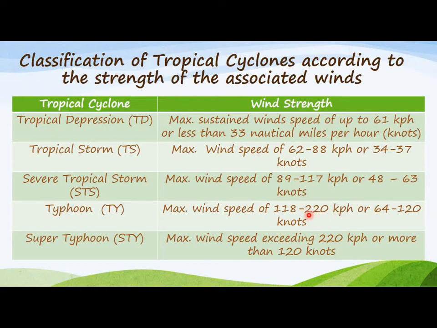It keeps getting higher. And here we have super typhoon, with a maximum wind speed exceeding 220 km per hour. Imagine how strong the wind is, how fast the wind that hits you. That is a super typhoon.